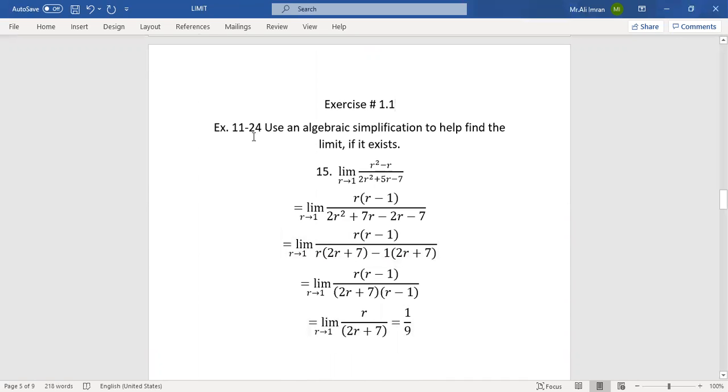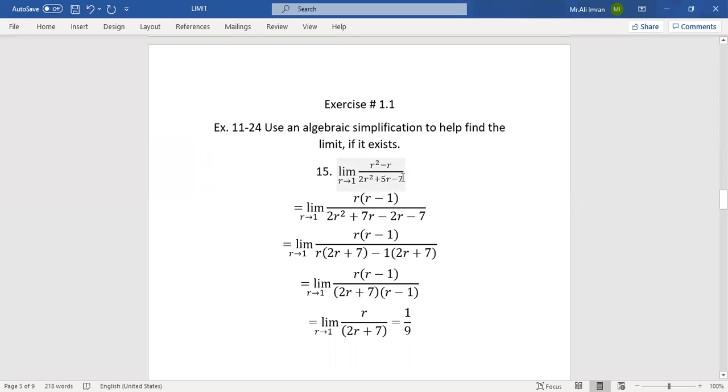I have solved this question from Stewart's Calculus book, 6th edition. Exercise 11 to 24, use algebraic simplification to help find the limit if it exists. Number 15, limit r approaches 1, r square minus r divided by 2r square plus 5r minus 7.